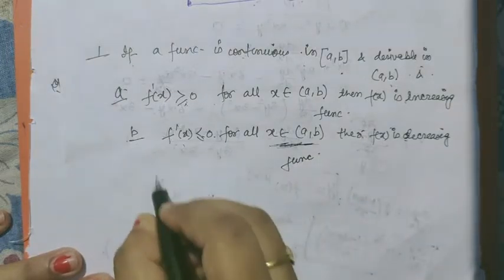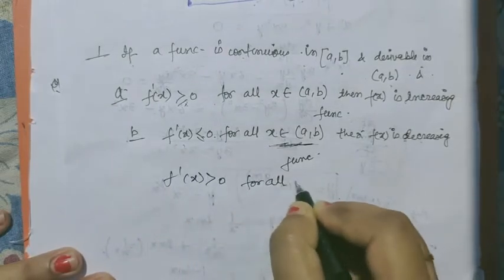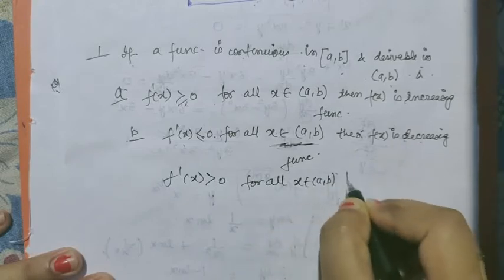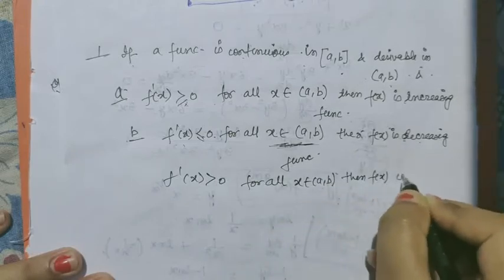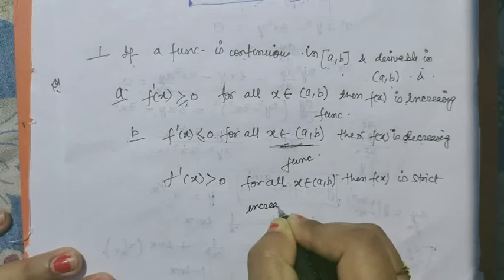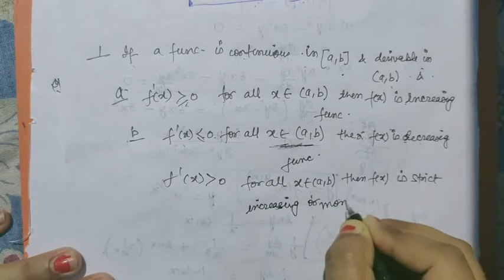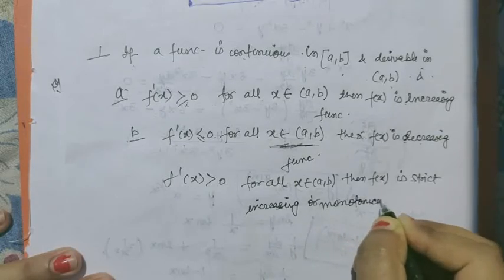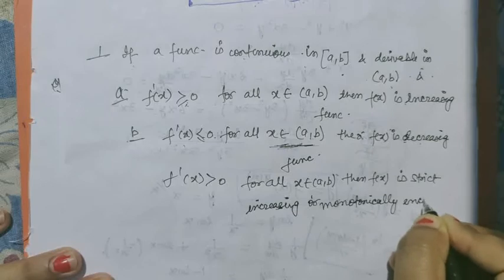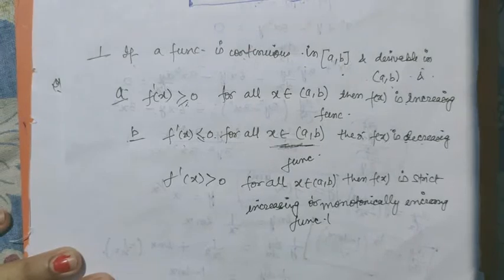And you can write also that when f dash x is only greater than 0 for all x belonging to a comma b, then f(x) is strict increasing or monotonically increasing function. And same for monotonically decreasing function.